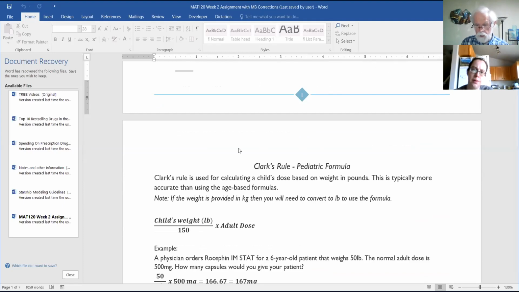Pediatric is anything less than an adult. Really, literally, because we talk about these pediatric formulas that we use, but we're basically talking about someone who's not at full adult weight. There are lots of different opinions about what is full adult.